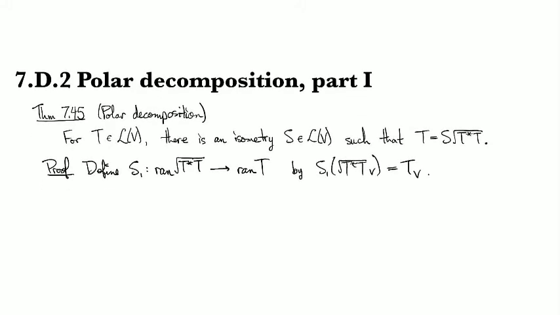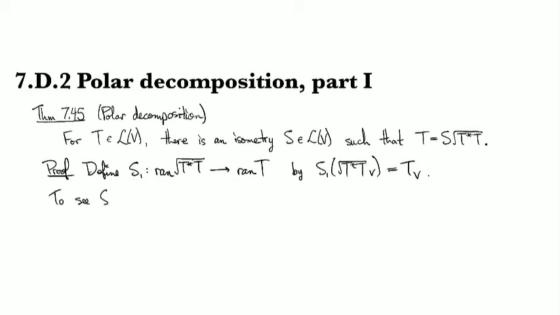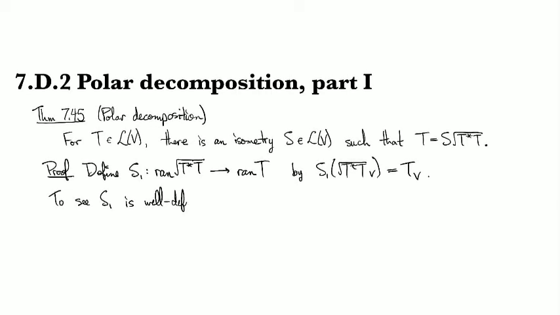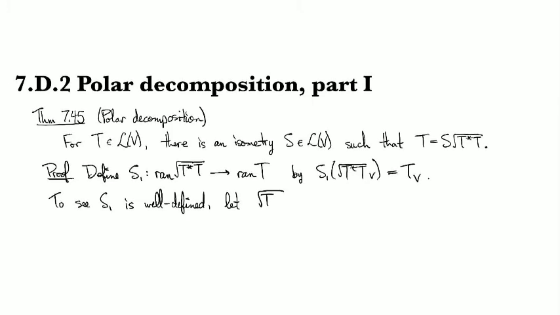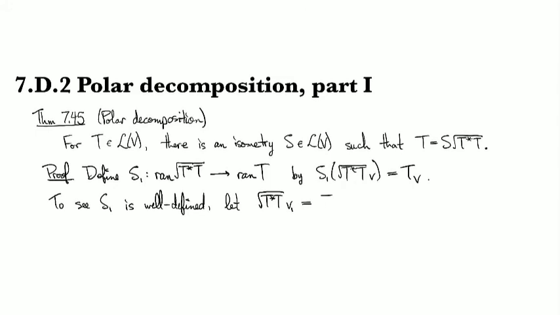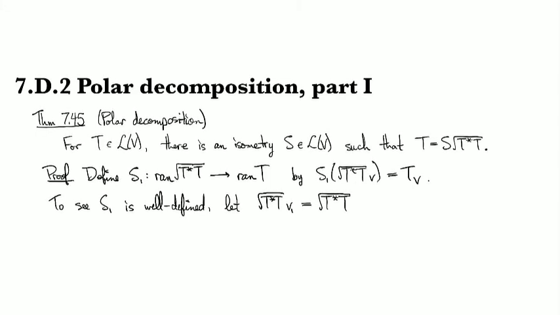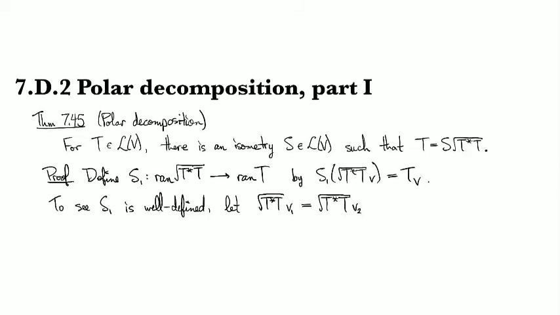Now, does it make sense? Well, we've got to check. To see that S1 is well defined, we have to consider the case that we've got 2 different things. Now if the square root of T star T were injective, we wouldn't have to worry about this.